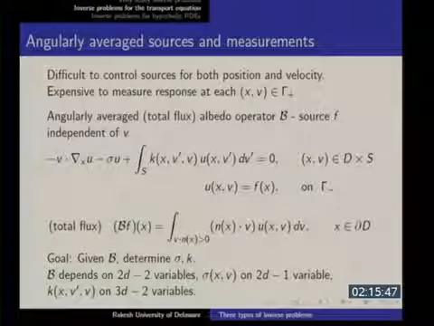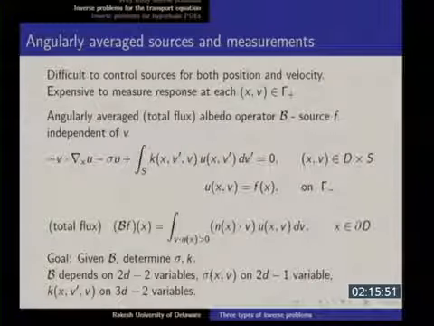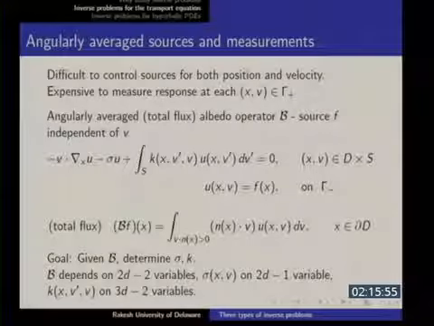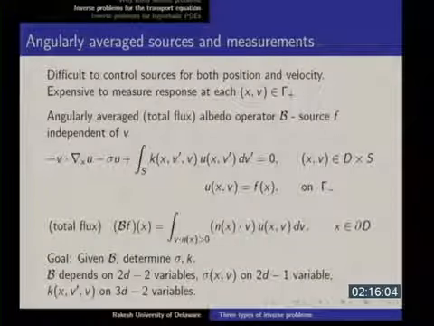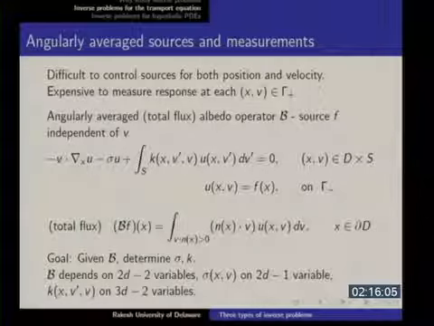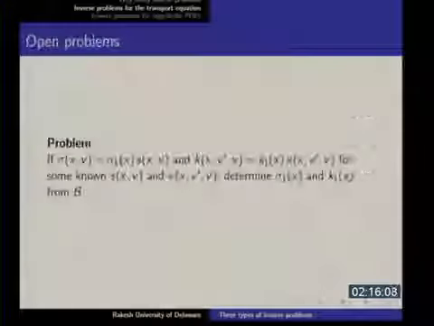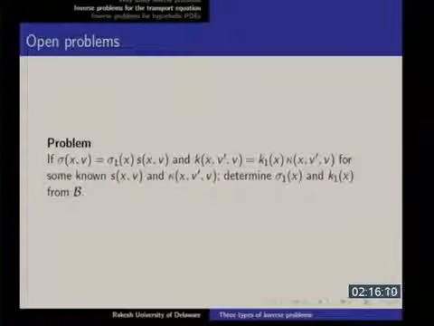In a bad situation, there's no way you're going to recover the velocity dependence, right? So you try to say, well, let's assume that the velocity dependence of the absorption coefficient and the scattering coefficient is known in some way. And then just try to determine the dependence on the position. So this is what you might think.